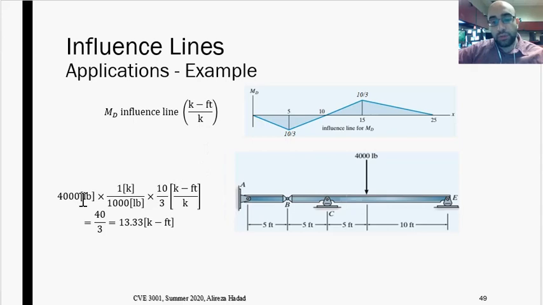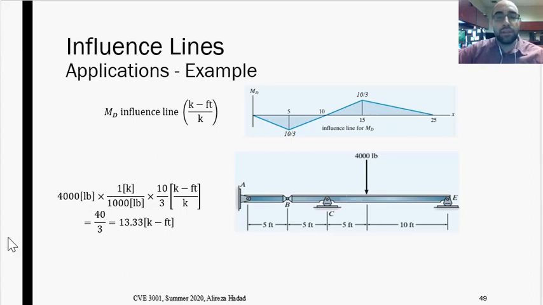So this pound should be changed to kip, and once I do that, you can see the maximum positive bending moment that can be created at point D due to a concentrated moving load of 4,000 pounds is equal to 13.33 kip-foot.